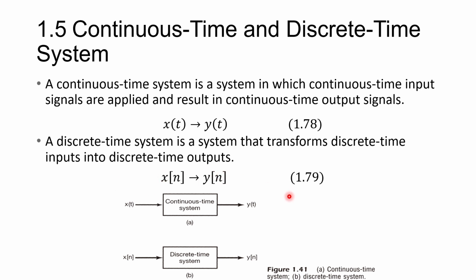Most of the time we'll think of this as a 1D signal, although there are also systems for 2D signals. And we'll write it like this: input signal to output signal.